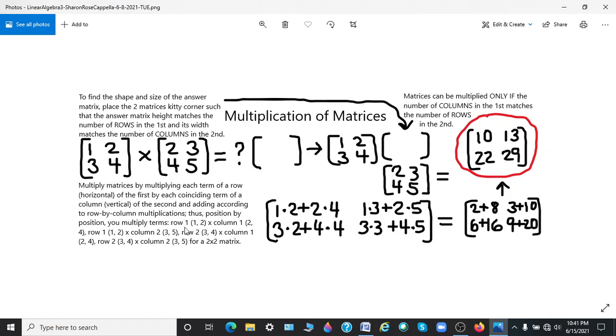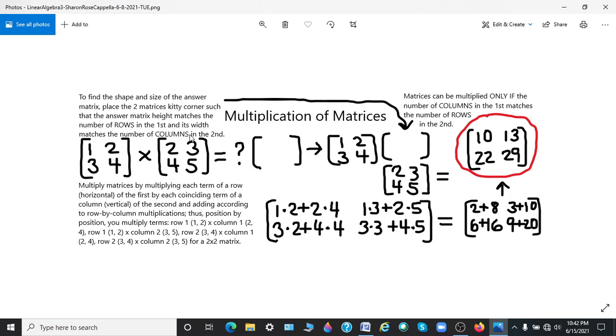So, row 1 would be 1 and 2: 1 times 2 plus 2 times 4. There's the answer. Notice I'm moving across this row as I'm also moving down this corresponding column.